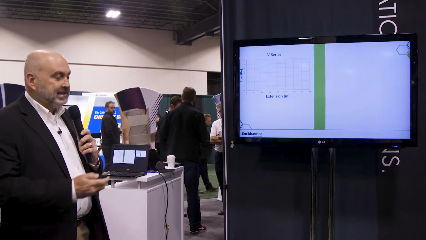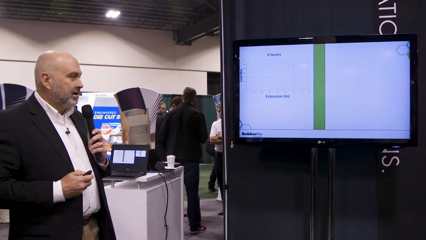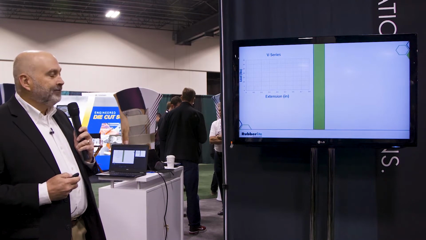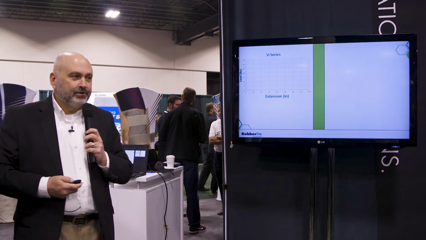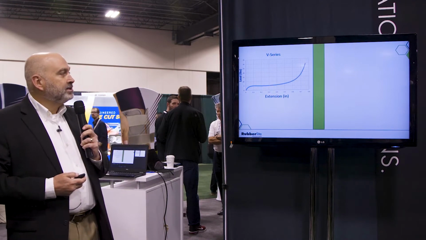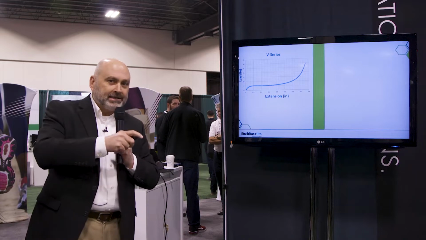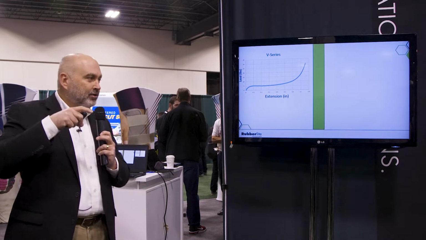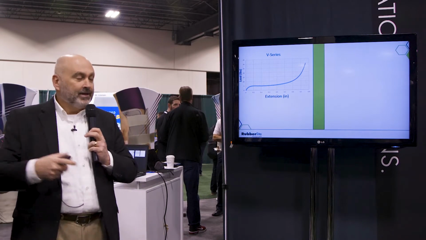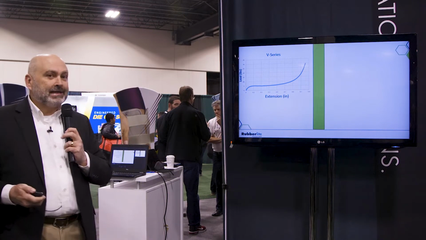So here you can see we're measuring hysteresis loss. And if you look at a viscoelastic material, as you watch what's called the load curve, as you're either compressing or stretching material, you're putting a load on it and it's responding to it. You'll get a curve that looks something like that.